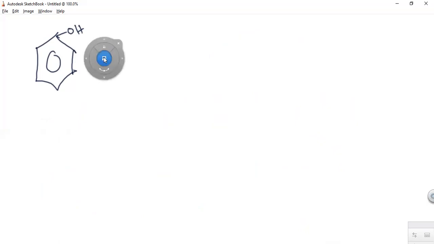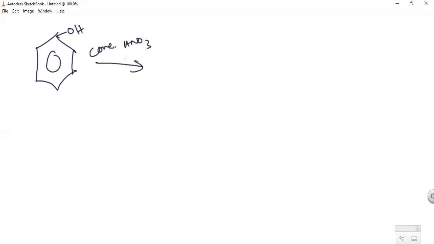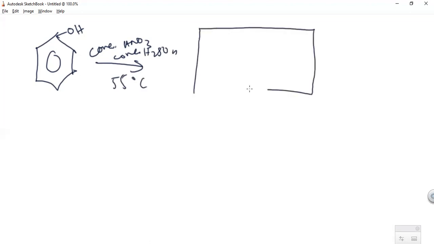Yeah, so now over here, when we add concentrated HNO3 and concentrated H2SO4 at 55 degrees centigrade, we know up until now we actually got to know what sort of reaction is happening here.